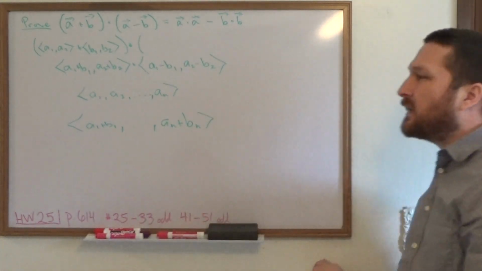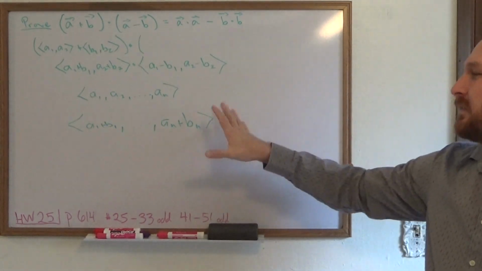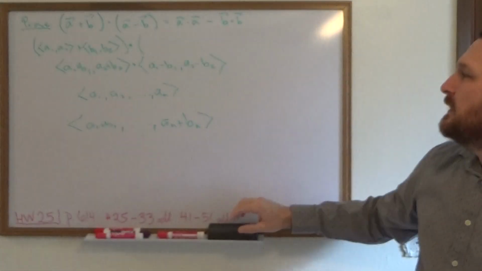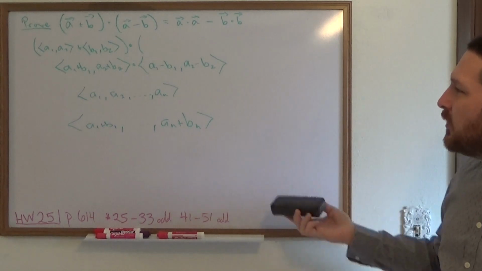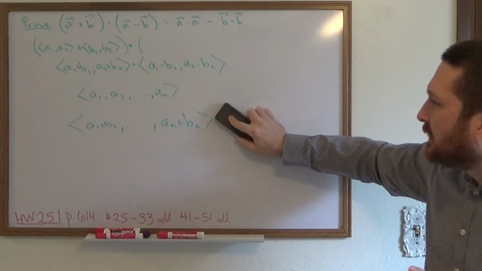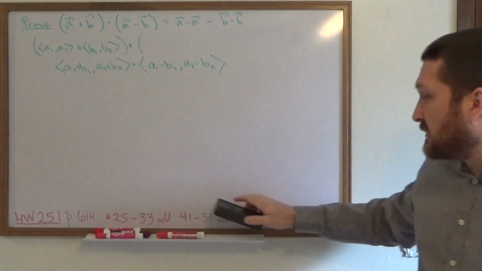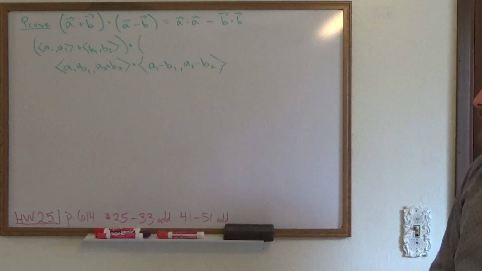You could still do it component-wise, understanding that you're following the same pattern for all the other ones. It's just that eventually, component-wise can get a little unruly. Though it's perfectly good to do, and this is the way we're going to go about doing this one.